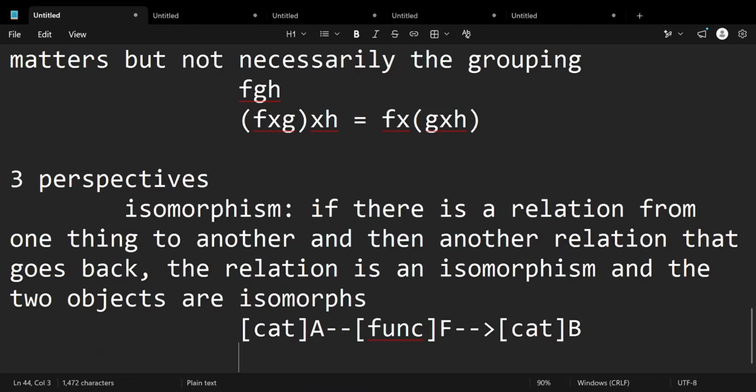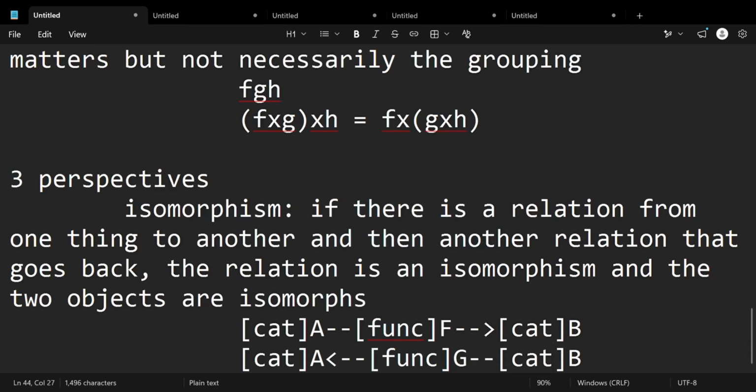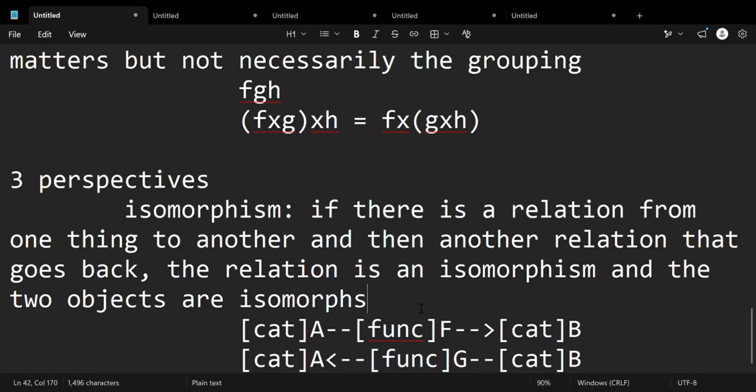Now let's say that we have a functor G, which goes directly back from category B back to category A. This would be considered an isomorphism because there is no gain or loss of information.